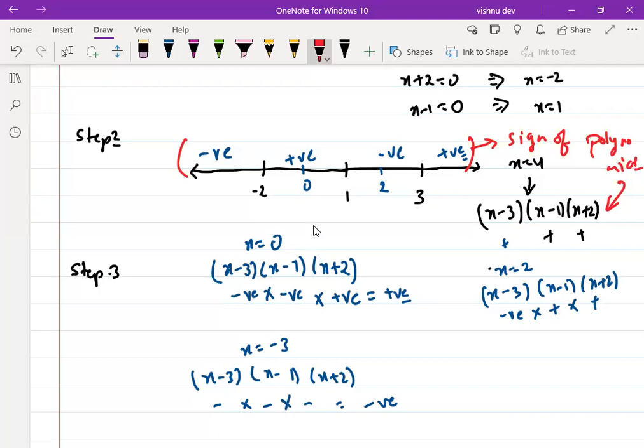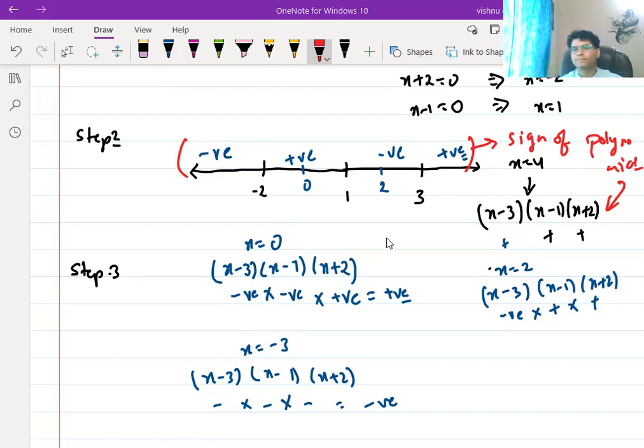Yes, right? Does anyone have any doubt till this point? No, clear. This is very much clear. Okay, very good, everyone.